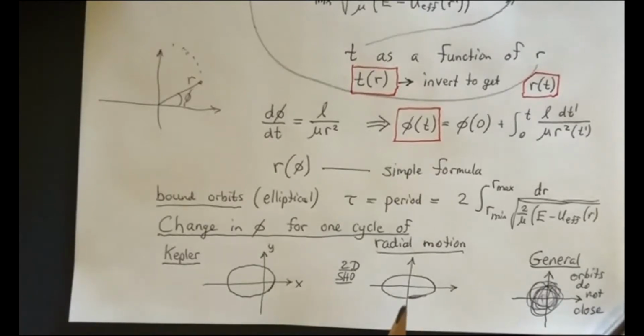Here, we have a very special relationship between frequencies, the crucial concept here. Remember the radial problem, this was our 1 degree of freedom problem. We had a particle of mass mu traveling along this one-dimensional r axis, moving back and forth. If it's a bound problem, then that particle of mass mu is moving back and forth between two classical turning points.